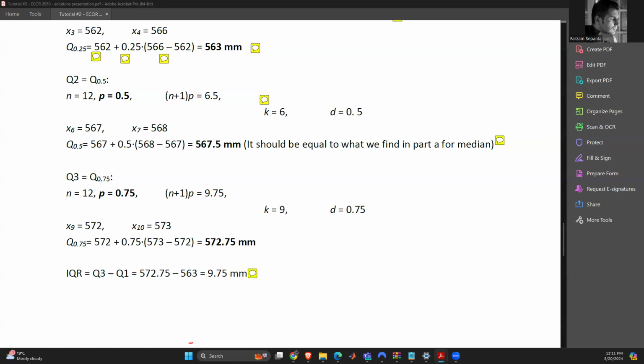With that being said, we have IQR, which sounds fancy. Technically, what it is: subtract Q1, or the first quartile, the 0.25, from Q3, or 0.75, that we found.